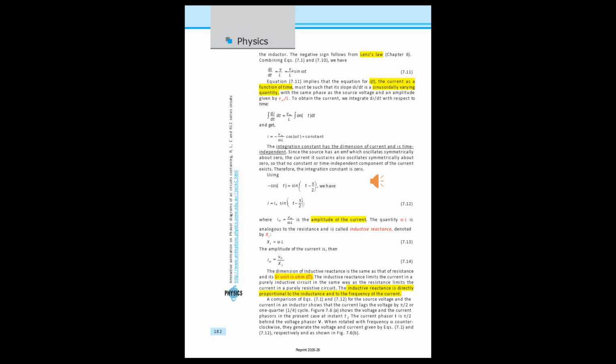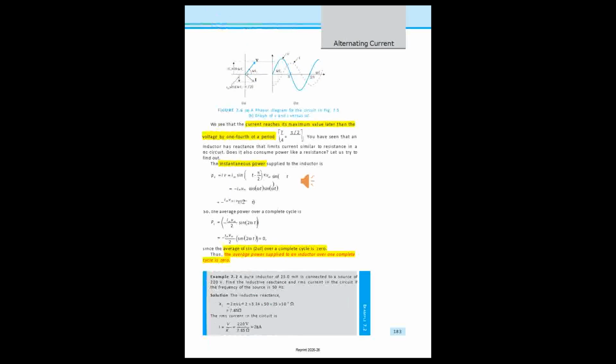The current phasor I is pi by 2 behind the voltage phasor V. When rotated with the frequency omega counterclockwise, they generate the voltage and current given by the equation 7.1 and 7.12 respectively and as shown in figure 7.6b. We see that the current reaches its maximum value later than the voltage by 1/4 of the period, that is given by T by 4 equal to pi by 2 by omega.